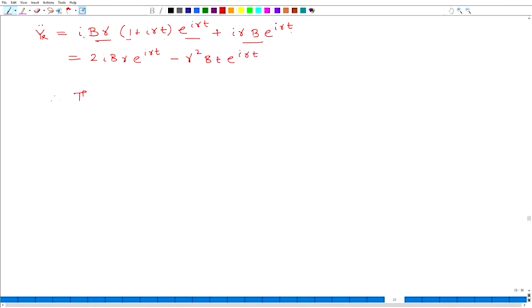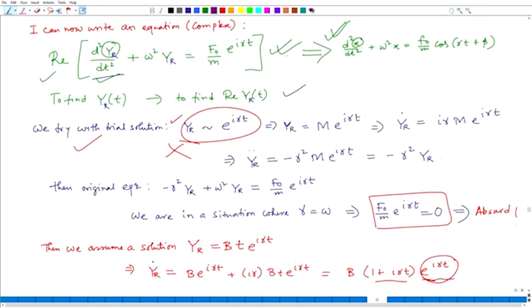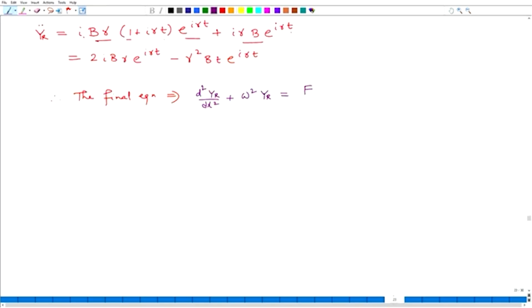So, the final equation, I again use a different color, gives d2 yr dt2 plus omega square yr is equal to, what was the equation, I just check, f0 by m e to the I gamma t.